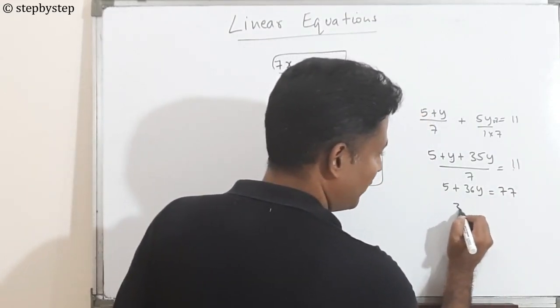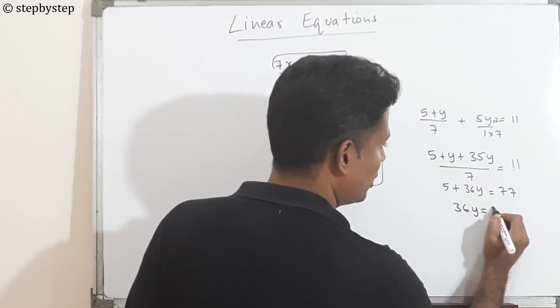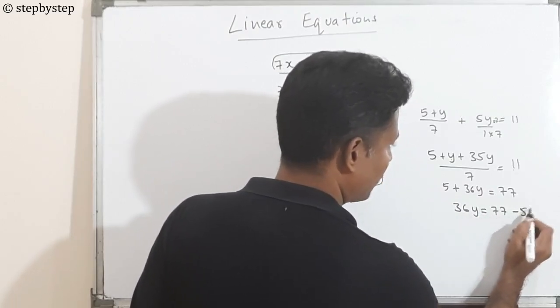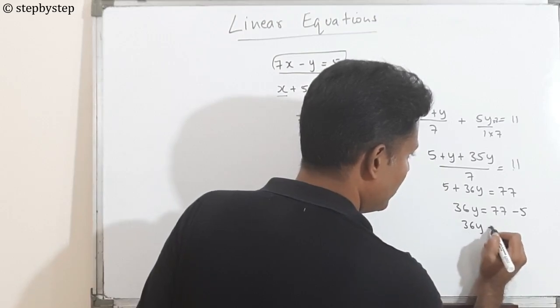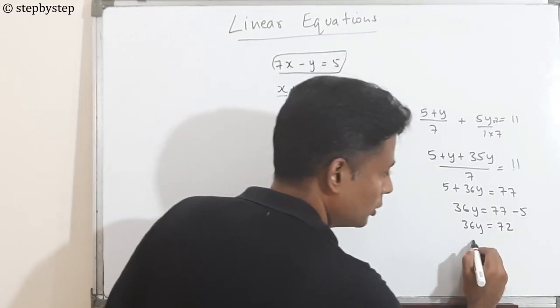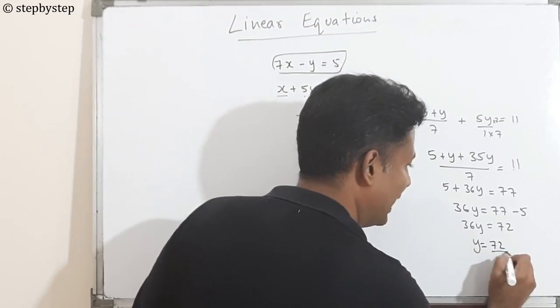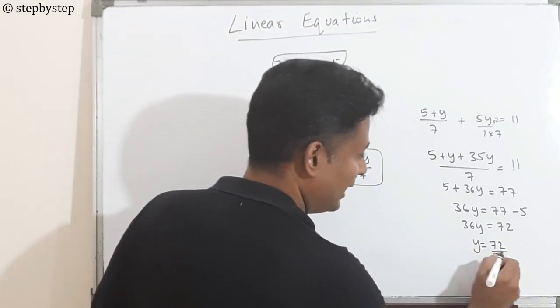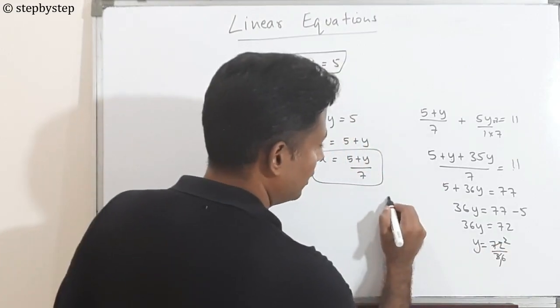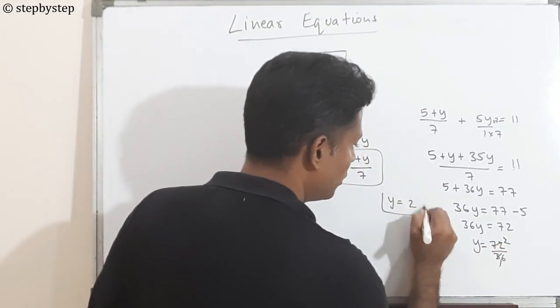Now I transpose this 5 to that side, I get 36y equal to 77 minus 5. So 36y equal to 72. So y equal to 72 by 36. We get y equal to 2.